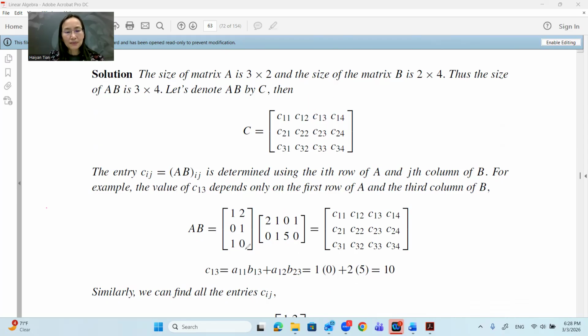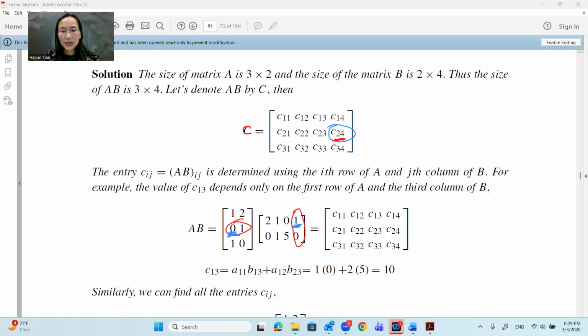You can find any entry by this formula. Suppose you want to find, how about C24? This is the 2,4 entry of the product matrix C. That means we need to use the second row of A and the fourth column of B. Second row of A, fourth column of B. So let's multiply. 0 times 1, the first entry of this vector times the first entry of the other column vector.